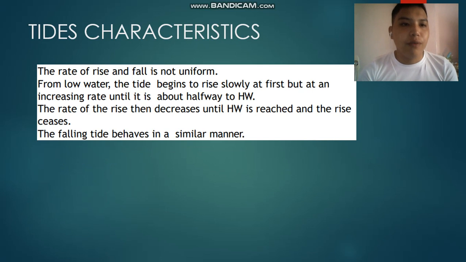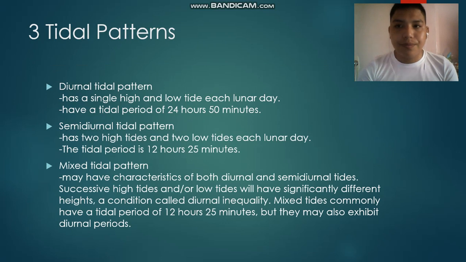Tides are from low water. The tide begins to rise slowly at first but at an increasing rate until it is about halfway to high water. The rate of the rise then decreases until high water is reached and the rise ceases. The falling tide behaves in a similar manner.